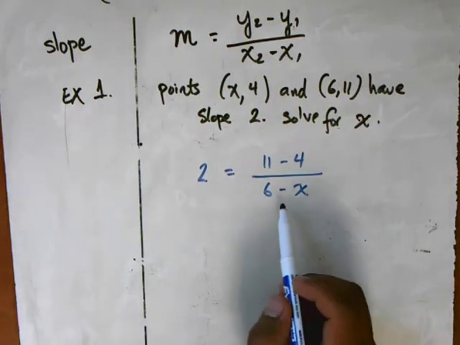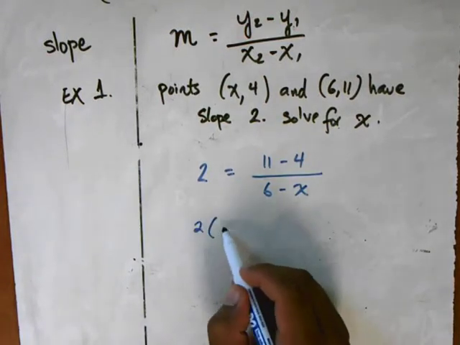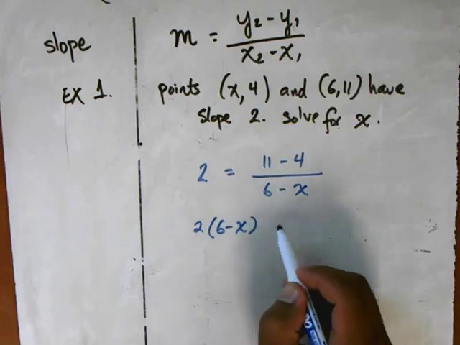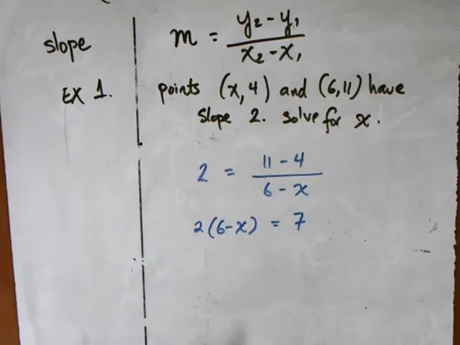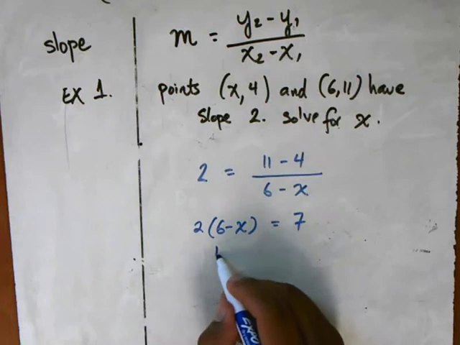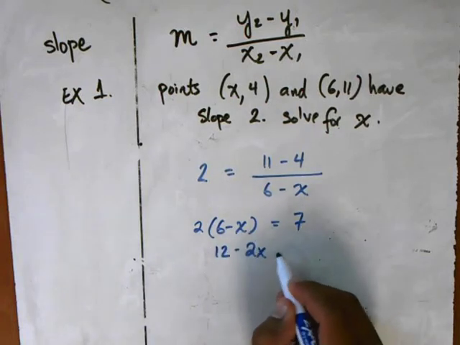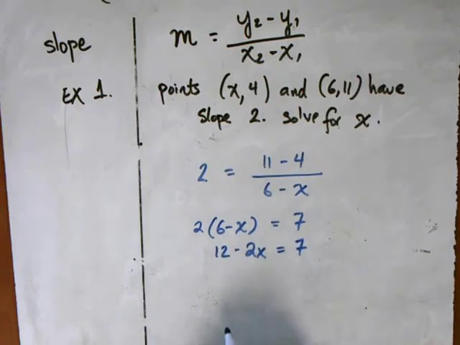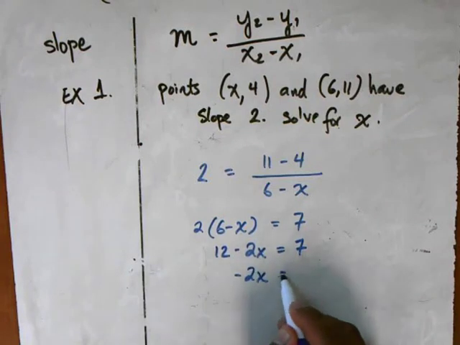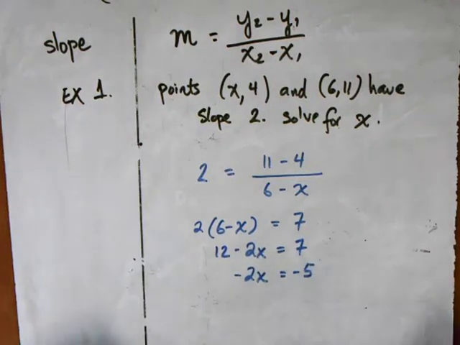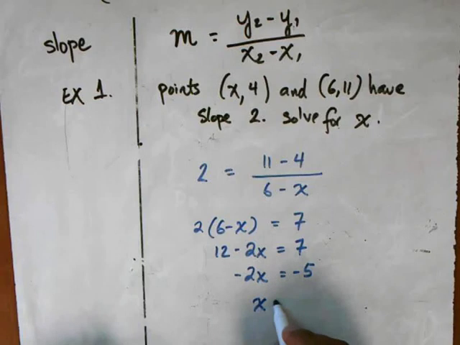And so we do this, multiply both sides by the denominator, so you get 2 times 6 minus x equals 11 minus 4, which is just 7. Distribute, you get 12 minus 2x equals 7. Subtract 12 from both sides, you get negative 2x equals negative 5. Then divide both sides by negative 2, and x is equal to 5 halves.